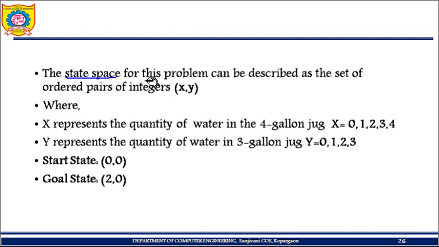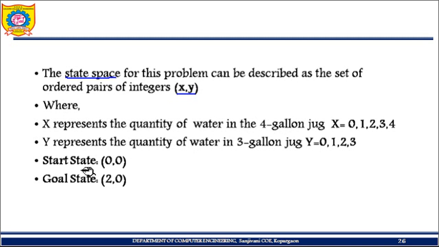The state space for this problem can be described as a set of ordered integers x, y, where x is the quantity of water in the 4-gallon jug. It can have 0, 1, 2, 3 or 4 gallons of water, so x can be 0, 1, 2, 3, 4. And y is the quantity of water in the 3-gallon jug, so it can be 0, 1, 2, 3.